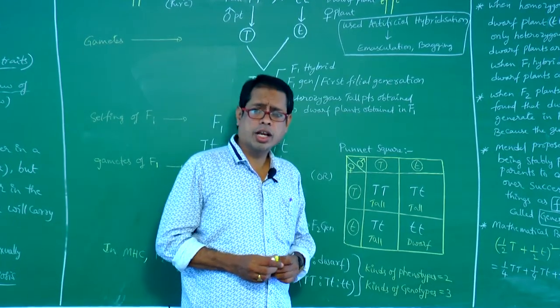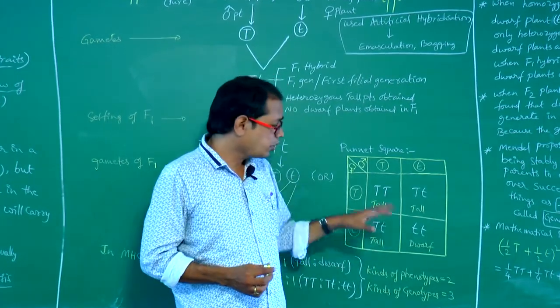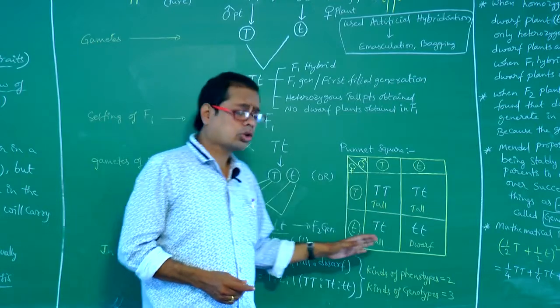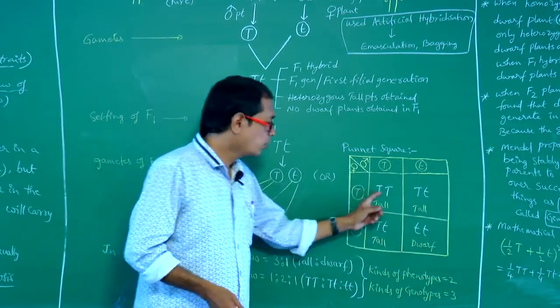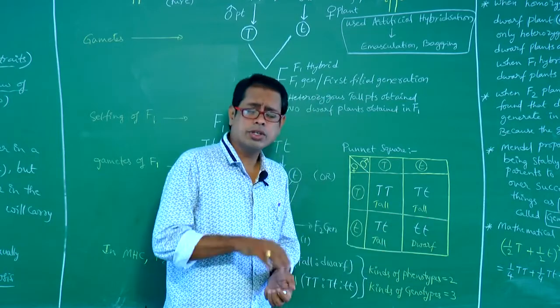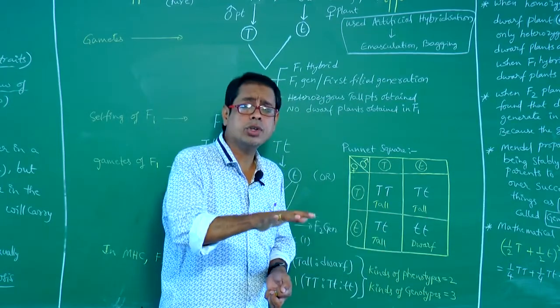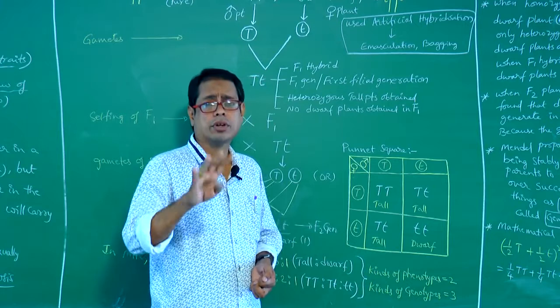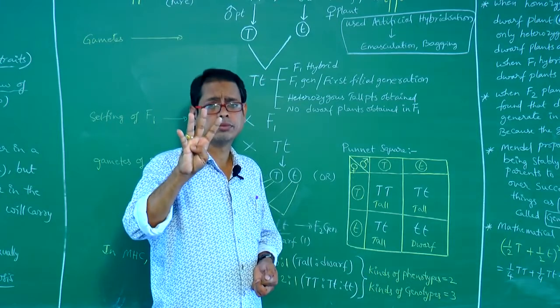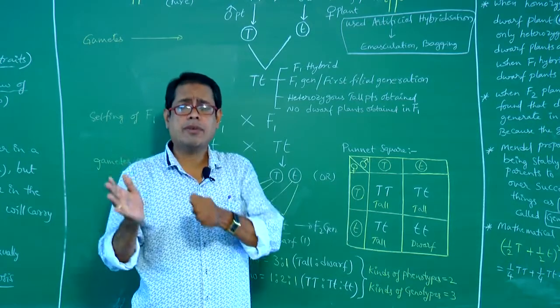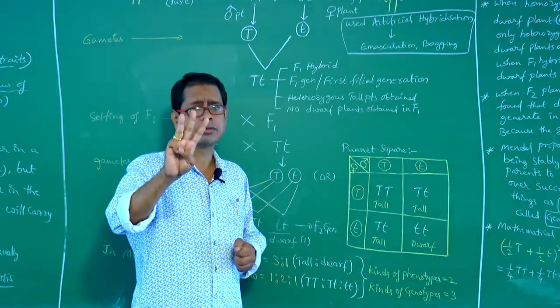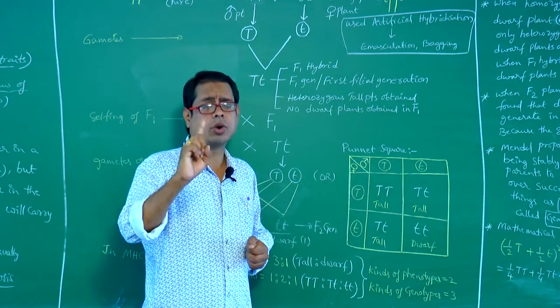My dear students, are you understanding? There will be some numericals on this. So total number of individuals obtained in F2 monohybrid cross: 1, 2, 3, 4. That means total number of individuals obtained in F2 is 4. Of those 4 total plants, number of tall plants is 3, dwarf plants is 1.